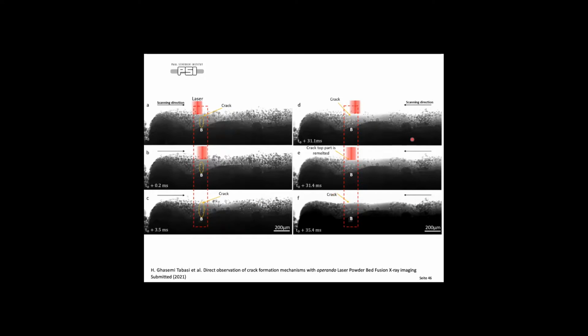When the laser is then turning around and it's coming back over this crack, then there is an interaction with this crack. It remelted, and once the laser is gone, the crack is growing back again. So we see these two different kinds of mechanisms in this material. So the question now, what is causing this?